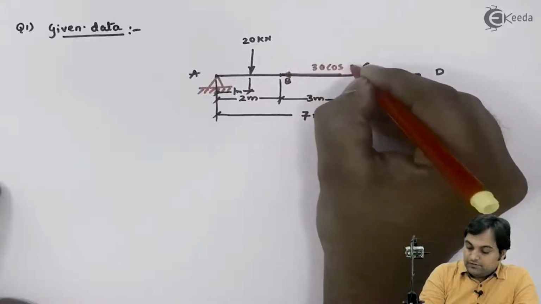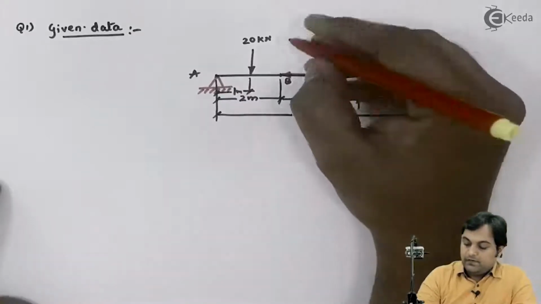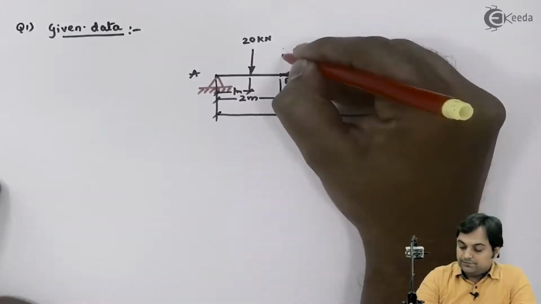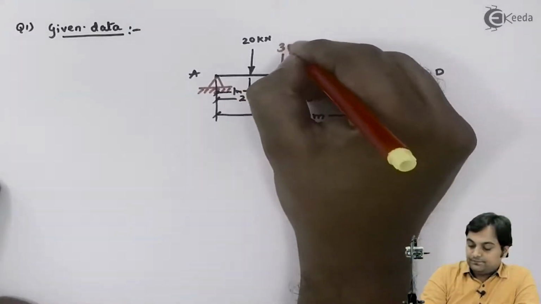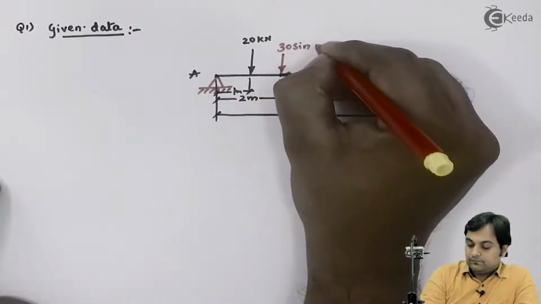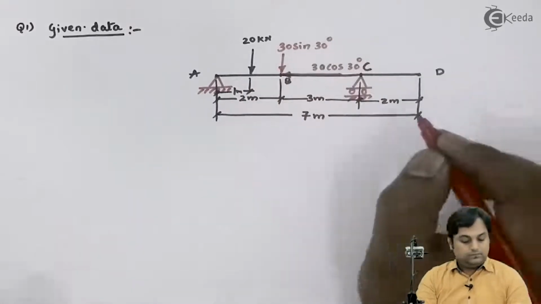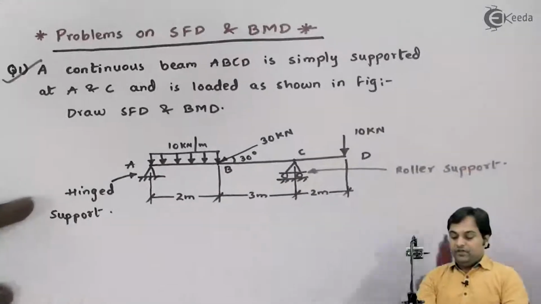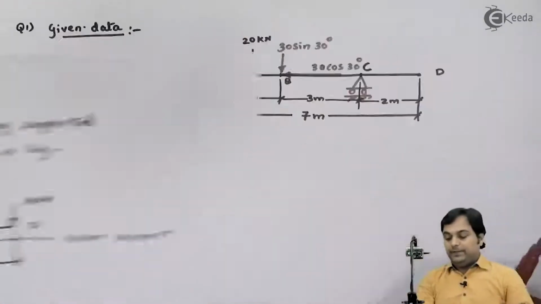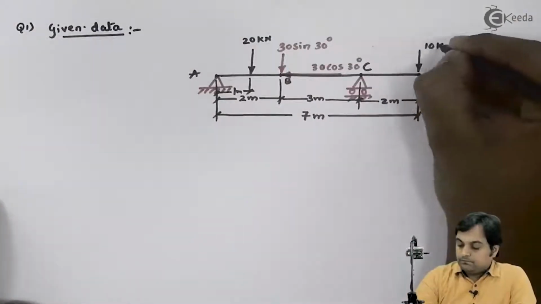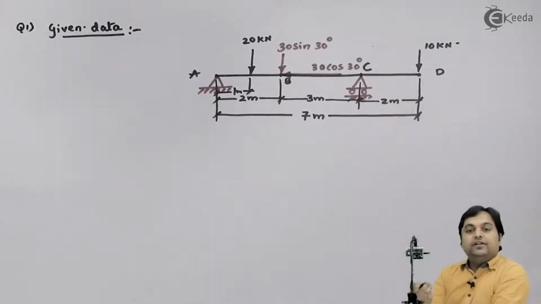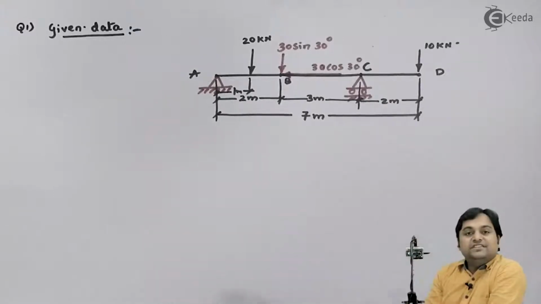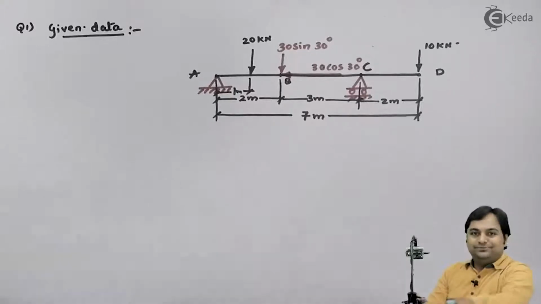Horizontal component is 30 cos 30 and the vertical component is 30 sin 30. Then we have 10 kilonewton load at point D. Now this is the beam which we have in front of us, and we have to draw SFD and BMD for this given beam.